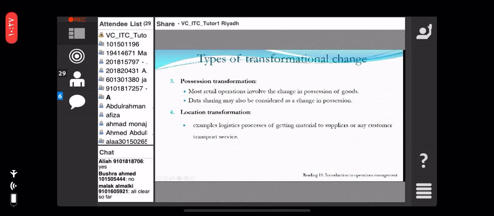Location transformation, transferring the location. Examples include the logistic process of getting material to suppliers or any customer transport service. For example, when you are moving physical goods from one place to another place. I think I told you the difference between supplier and distributor.